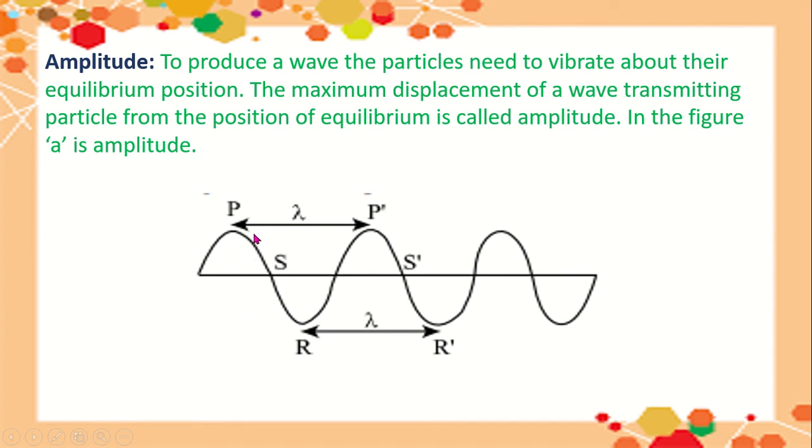The particles are vibrating in this way. The maximum displacement of a wave transmitting particle from the position of equilibrium is called amplitude. So look here, this one is the amplitude. Here it is the maximum height in the positive direction, and in the negative direction this one is the maximum height. So this is also amplitude.